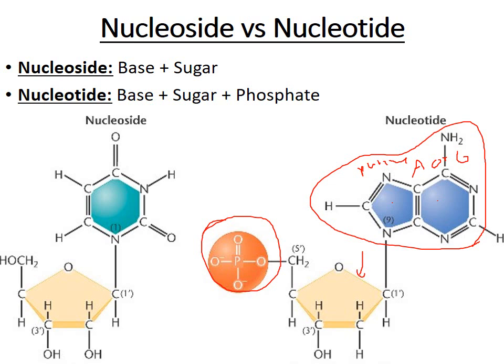Over here, we know this is a pyrimidine because there's 1 ring. So that would be C or T. So I could ask you if the base you have is a C or T, or A or G, and you can figure that out using your purine versus pyrimidine knowledge.